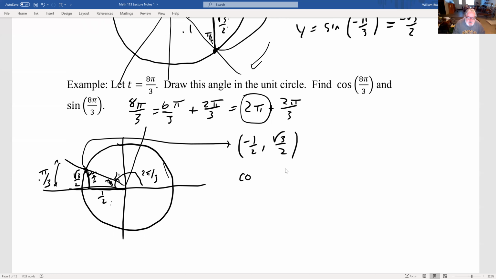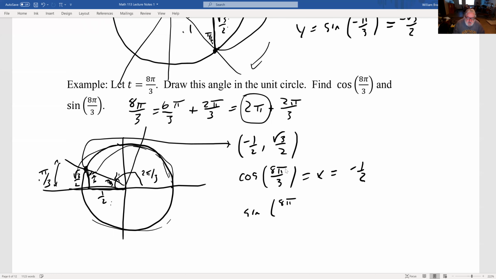So cosine of 8π/3. Well, 8π/3 is once around the circle, and then 2π/3 around the circle. So you end up at this point, and its x coordinate is minus 1/2. Sine of 8π/3 is the y coordinate, and that's √3/2.